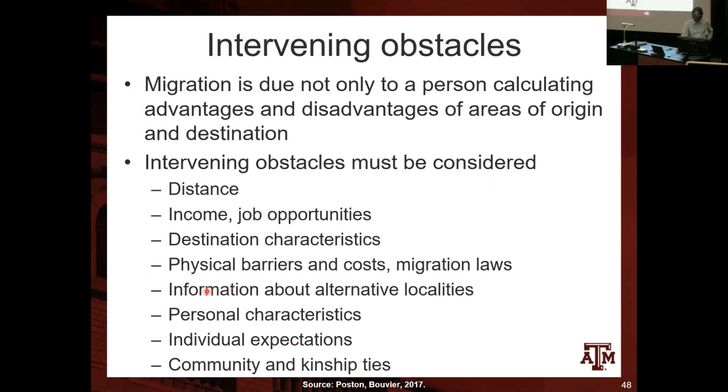And related to this fact that I said before, community and kinship ties. So really related to the social network that I have with people that migrated before to specific areas, might increase my chances of moving there.